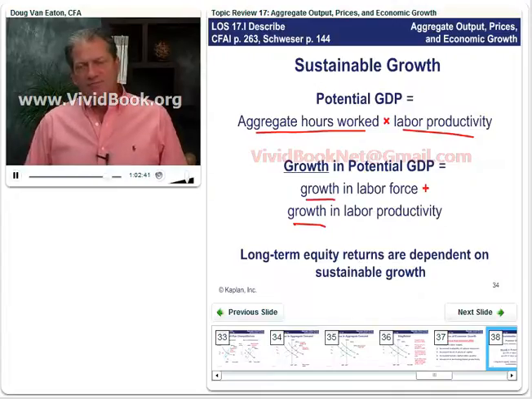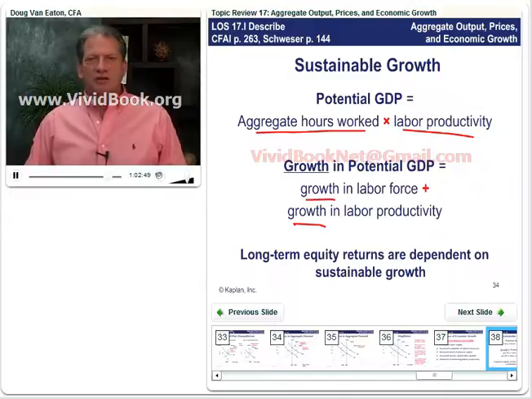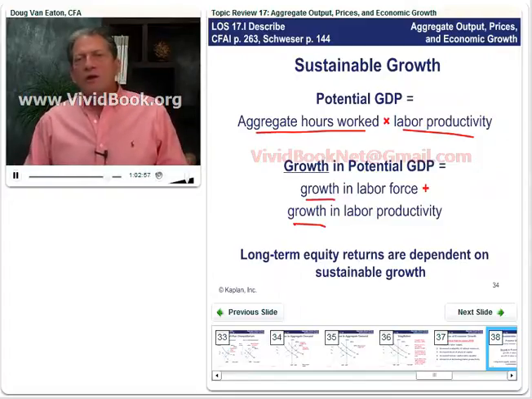Because if you take a day of labor and give that worker more capital to work with, it's going to be more productive. Now, long-term equity returns, returning to finance from economics just briefly, are dependent on sustainable growth.